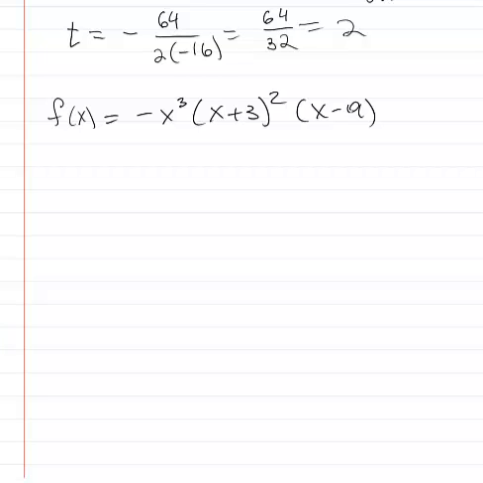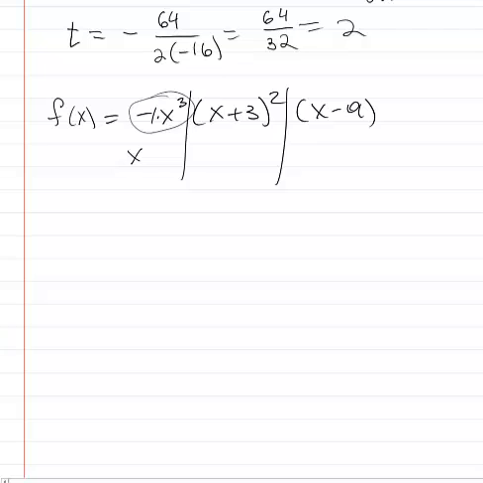Okay, so first let's find the roots. You're going to take each of those factors and set them equal to 0. Now note, this right here is also a factor. Minus can be thought of as minus 1 times x cubed. Minus 1 is not going to do anything. What gives you the root is the x cubed. x cubed equals 0, that means x is 0.